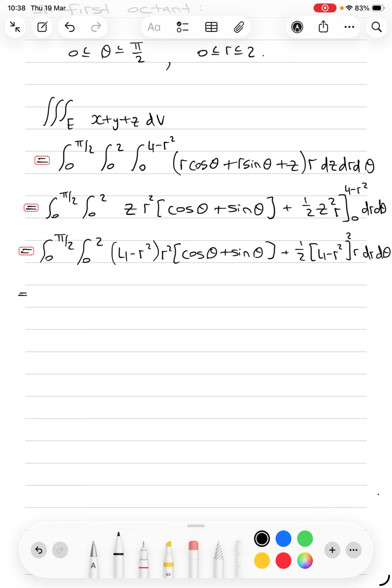And since we're integrating with respect to r next, you may want to expand all the multiplication and the brackets that happen here before you do the integration.